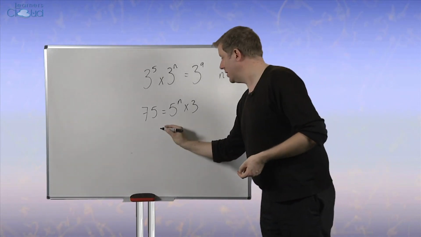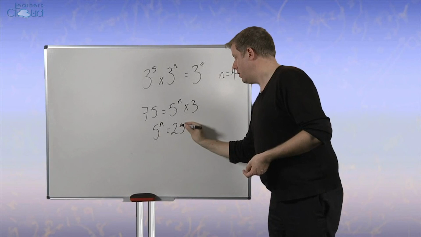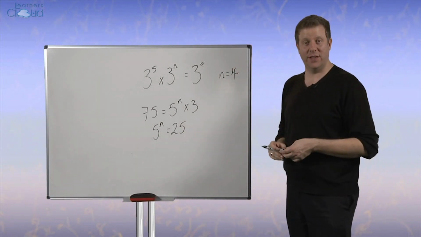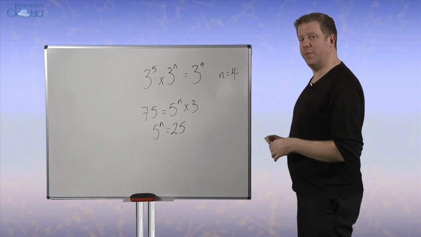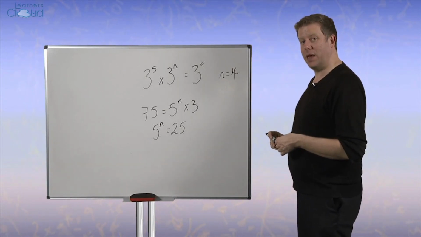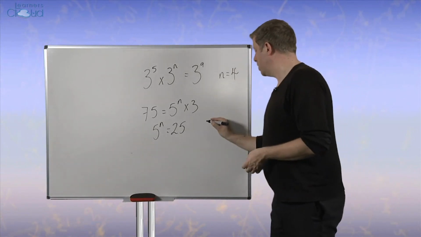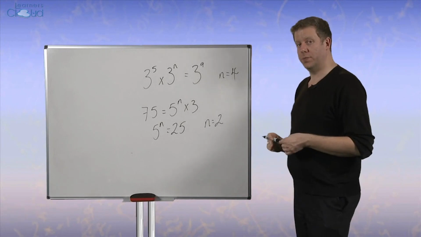So the first thing I can say is that I know 5 to the power of n is equal to 25, because 25 times 3 is 75. Now when I see it written like this, it's easy for me to work out what my power of n must be, because 5 squared is 25. So in this case, my n value would be equal to 2.